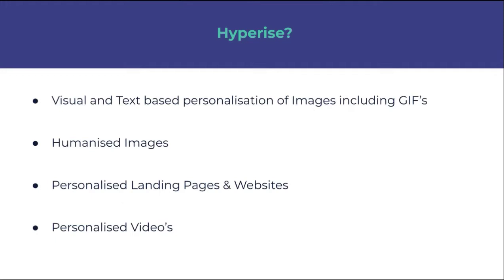And we offer personalized landing pages and websites, as well as personalized videos. So a whole personalization of a customer journey using Hyperise. We integrate with hundreds of different platforms, one of which is, of course, MailChimp. And we really do enhance that customer journey by using personalization techniques.